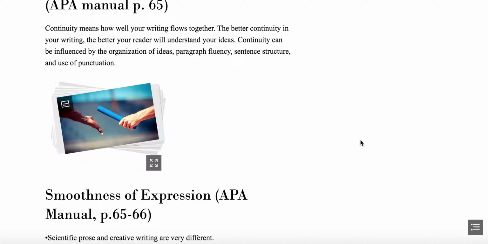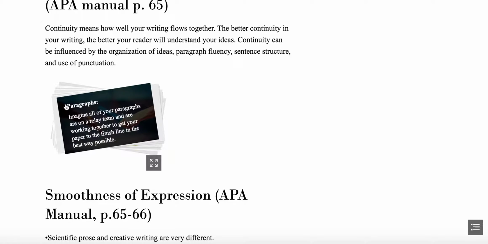Something I like to compare it to: when we start talking about paragraphs, imagine all of your paragraphs are on a relay team. Have you ever watched a relay team in the Olympics and seen how important and how smooth the passing of the baton is, right?